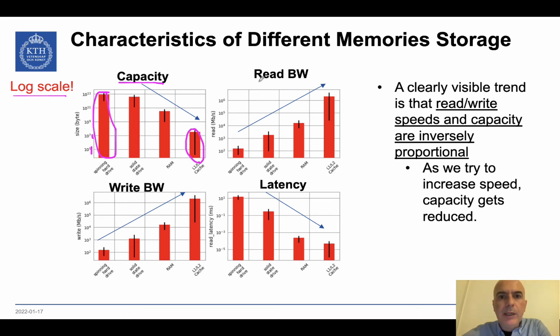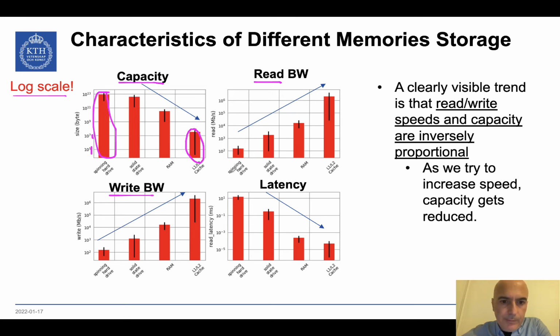We have two kinds of bandwidth: the read bandwidth and the write bandwidth. It turns out that reading operations are typically faster than write operations, so we often talk about performance asymmetry between read and write operations.